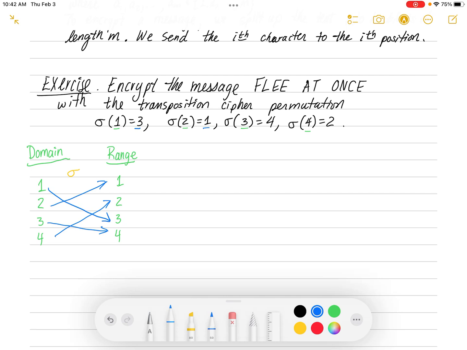It's rearranging them. So here I have a message. Flee at once. Now notice those spaces. Those spaces we're going to turn into X's. Everywhere we have a space, like flee, space, at, space, once, we're going to put X's.